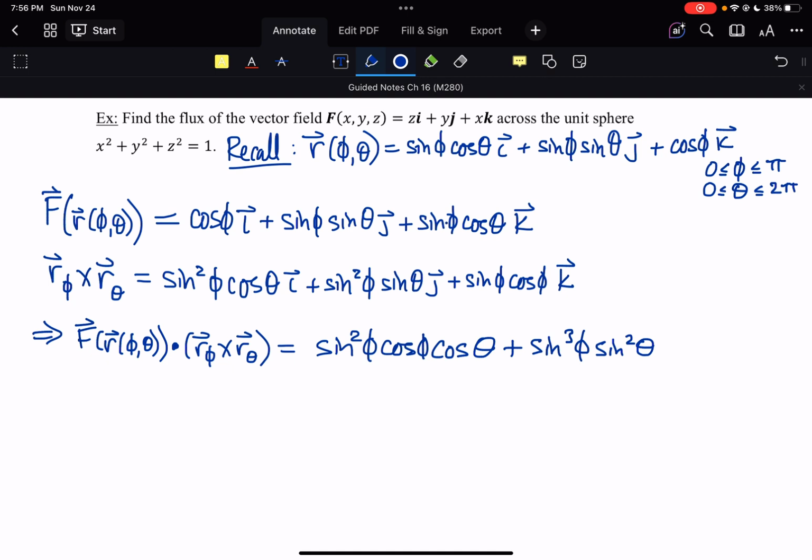And for the third one, we get sine squared phi cosine theta. But notice that's exactly the same thing as this. So the first and the third components end up being the same. So I'm just going to combine them, just get two of them right there, instead of having to write it out each and every time.